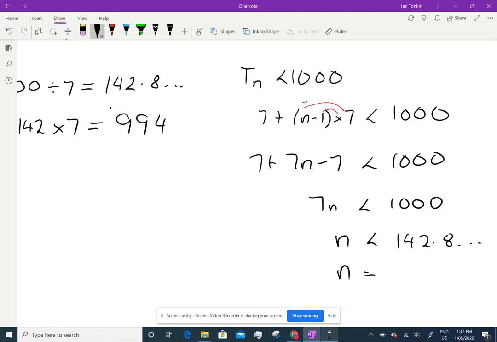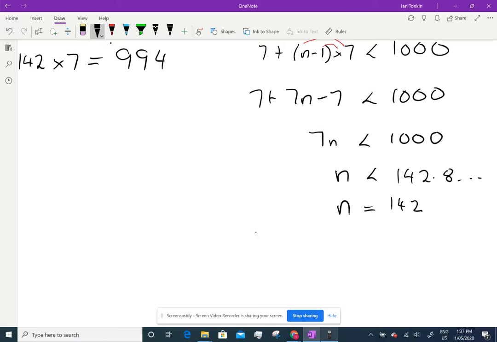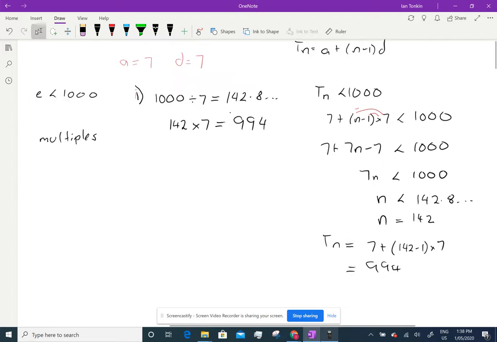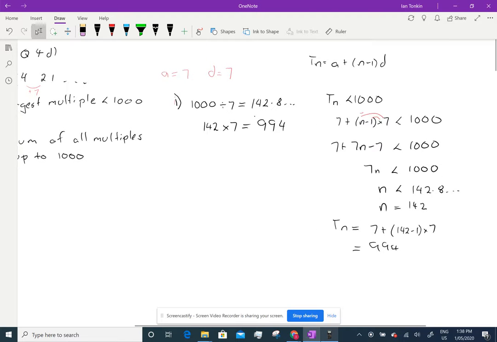So n must equal 142. Hence, T of n equals 7 plus 142 minus 1 times 7, and you put that in your calculator, you'll get 994. But really, you want to keep your head about what it is they're actually asking you.